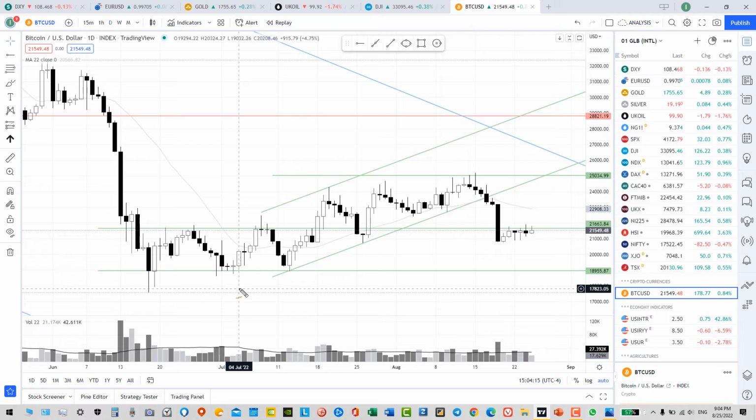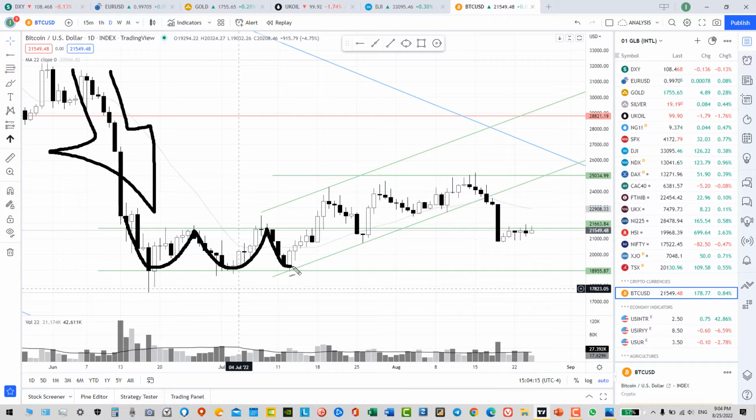It's clear that the previous downward impulsive wave created some kind of support over the daily chart. This support was around 19,000, and the Bitcoin managed to close 3 times above this level.